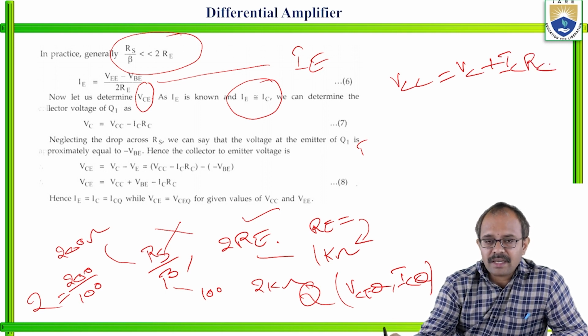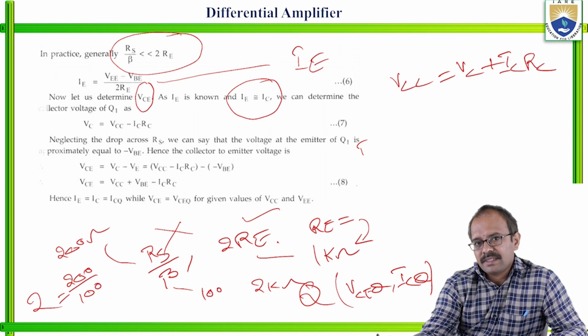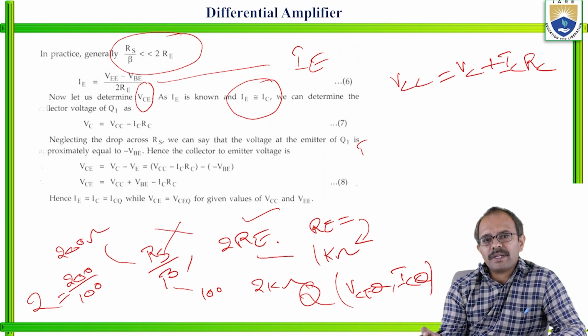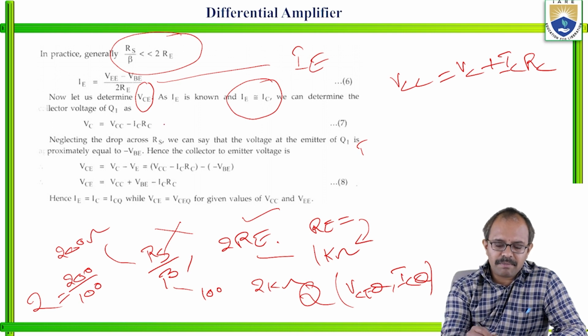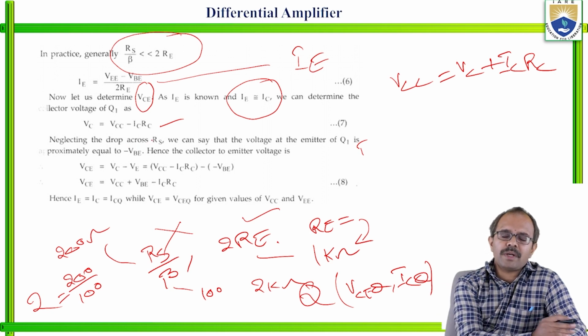So VC is equal to VCC minus IC into RC, taking the other component to the other side.